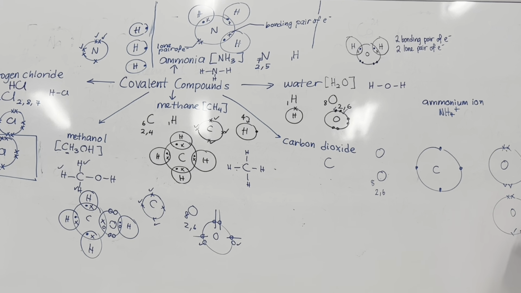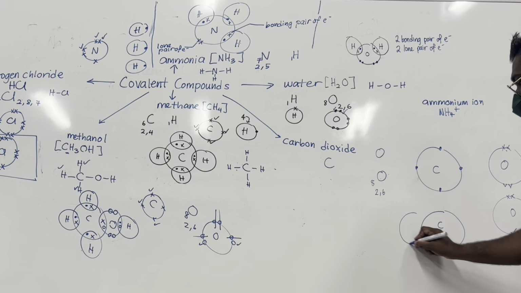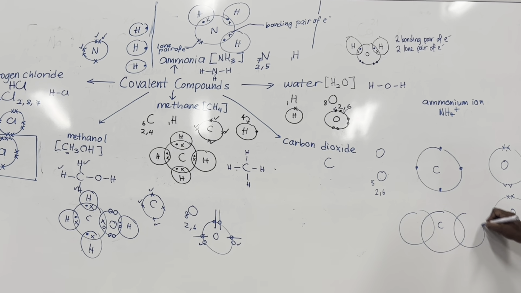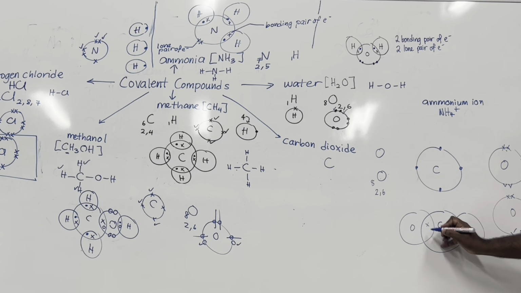Now, if I have carbon, I join with oxygen. Oxygen requires 2 electrons to reach the octet structure. So therefore, oxygen needs to also put forward 2 electrons.